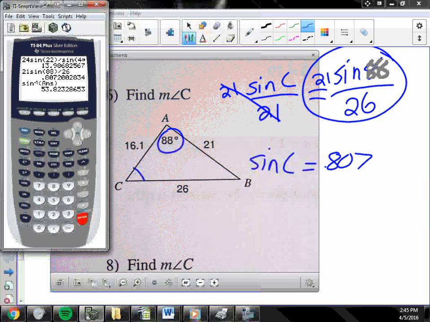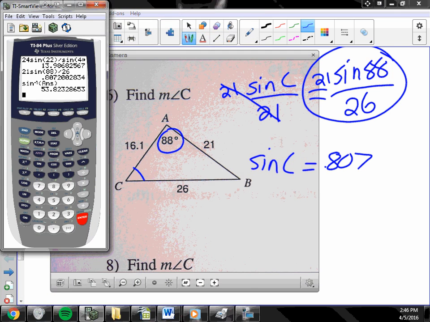Well, you mean invert the 88? So she's asking, so here you want to do the sine inverse of opposite over hypotenuse equals C. But if this is labeled as C, where's the hypotenuse?